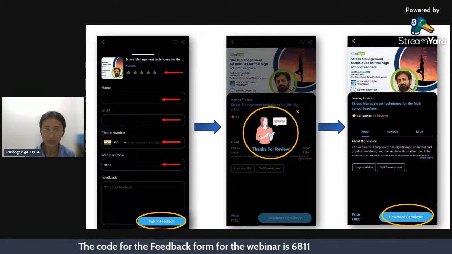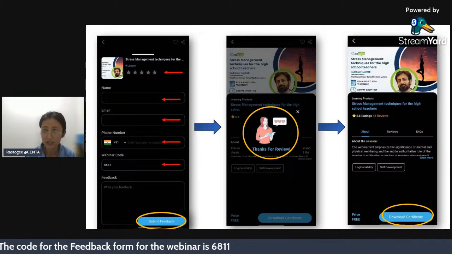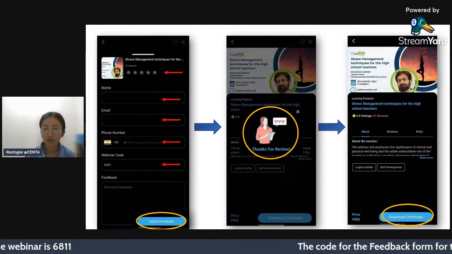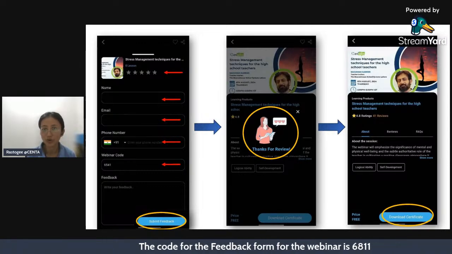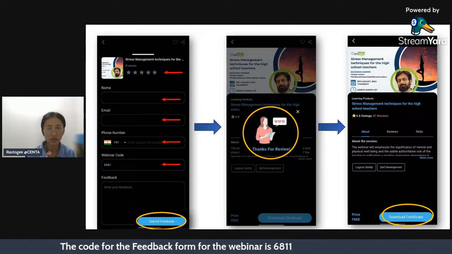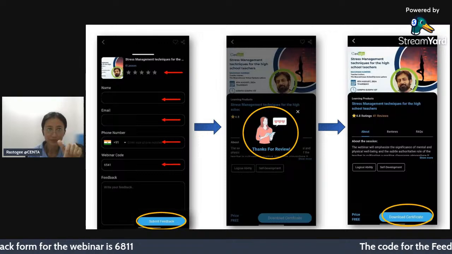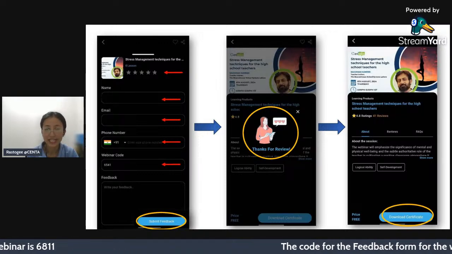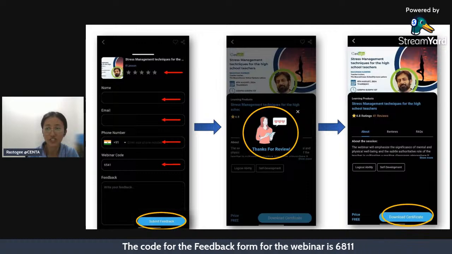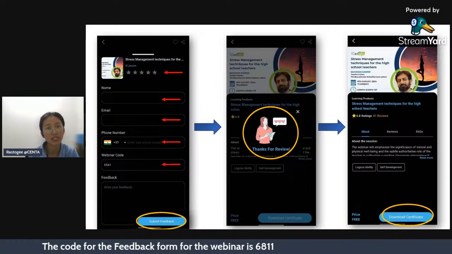Please give us the ratings and your details, all mandatorily to be filled, and then you can download the record of participation directly, hassle free. Please take the webinar code given at the bottom of this screen, 6811, and enter it where required in the feedback form, and ensure that next time you do register.